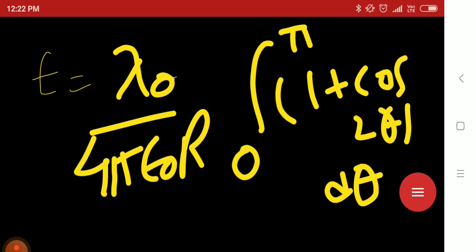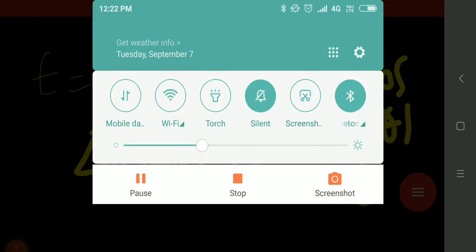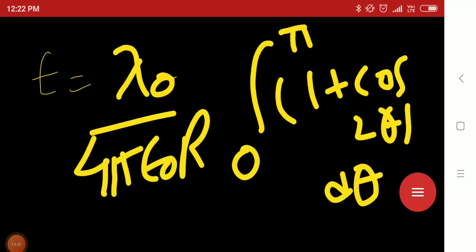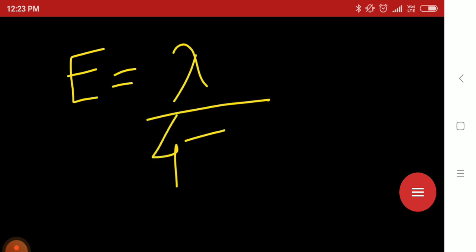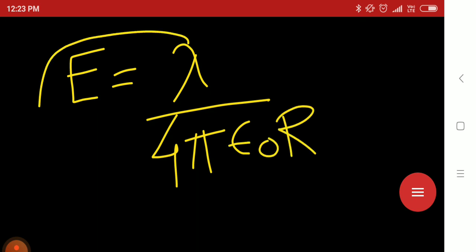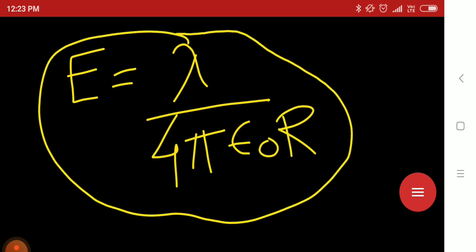After integrating it, you will get the electric field at the center as E equals lambda 0 by 4 pi epsilon naught r. So this is the required electric field at the center. So thank you.